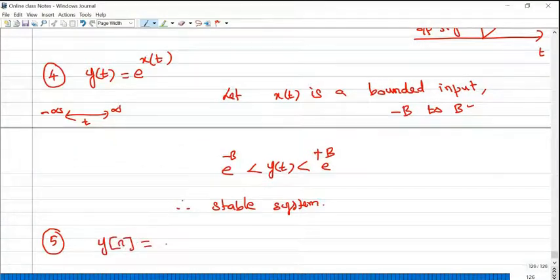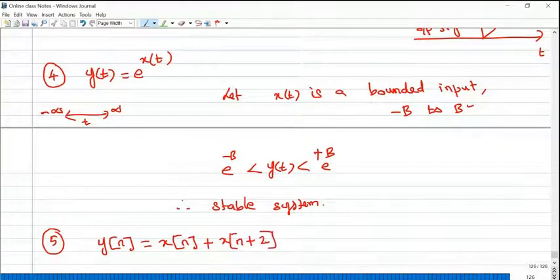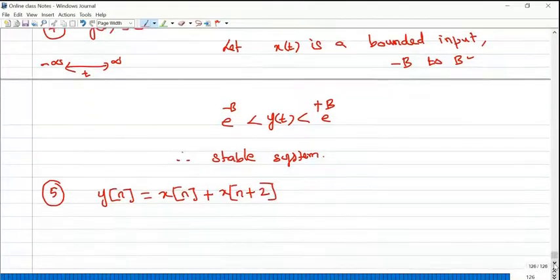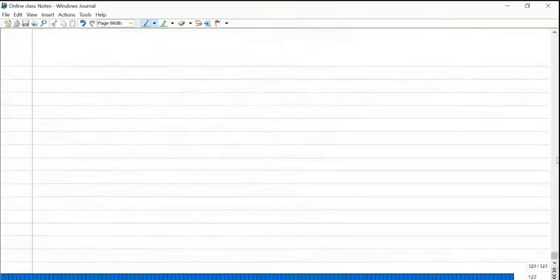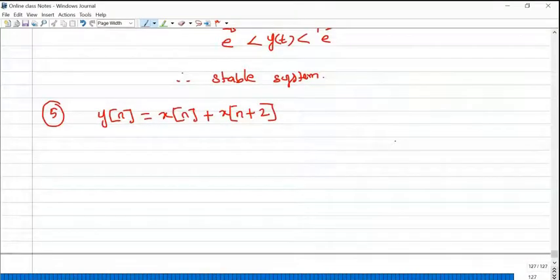y of n equal to x of n plus x of n plus 2. Can anyone tell now whether this system is stable system or unstable system?